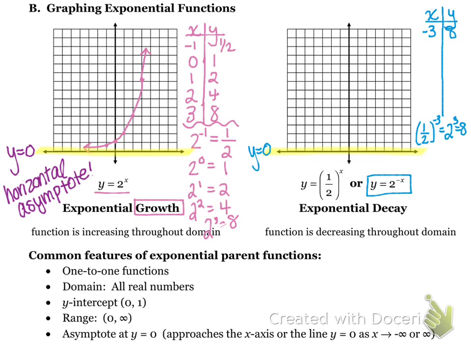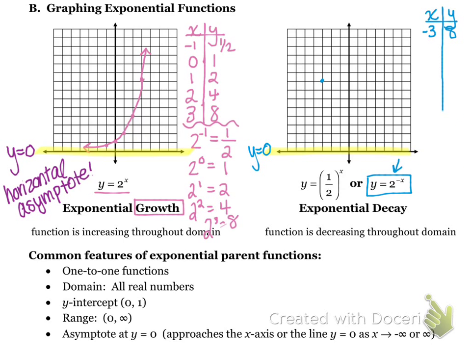So that's our value up here, -3, comma 8. Now, if we looked at this equation right here, we would have 2 to the -3, which would be 2 to the +3, which would also give me 8. So it all depends on how you want to tackle the problem.